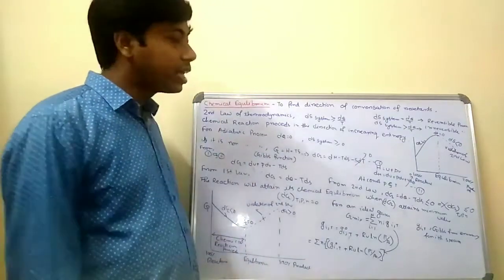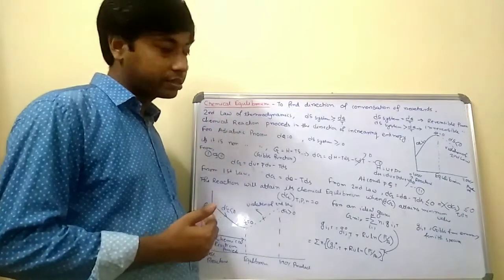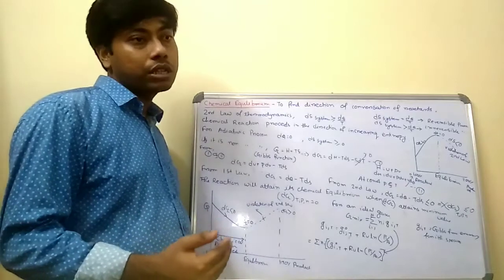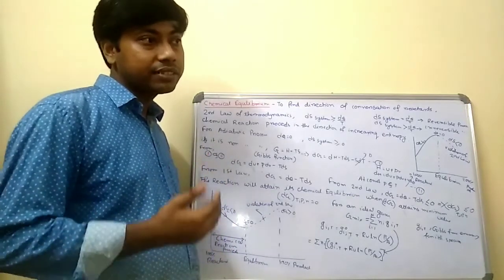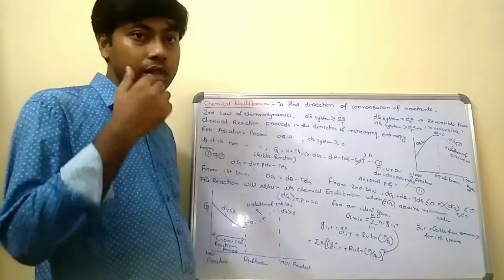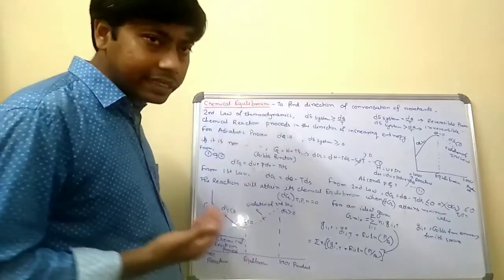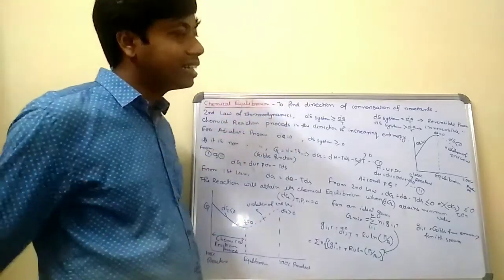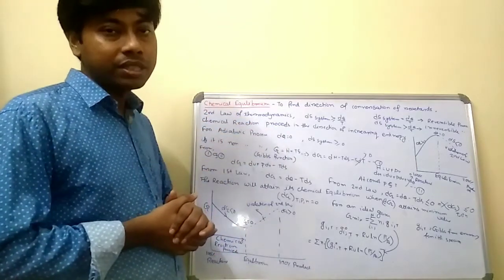The answer is that we have to invoke the second law of thermodynamics so that we can derive the direction of the chemical reaction. To find the direction of conversion of reactants to products, we can introduce the second law of thermodynamics.